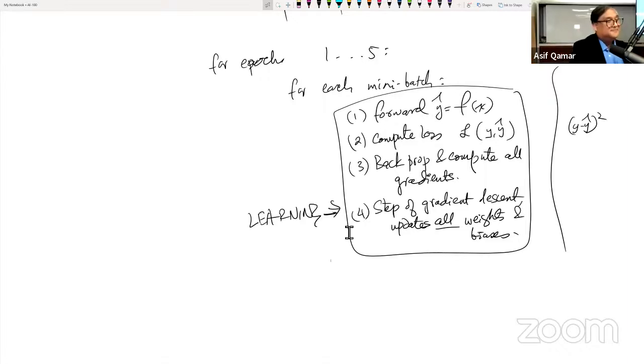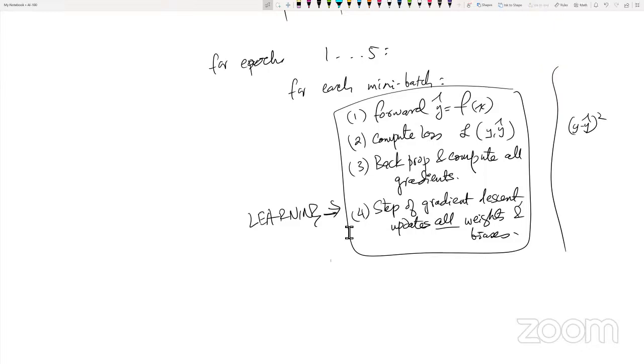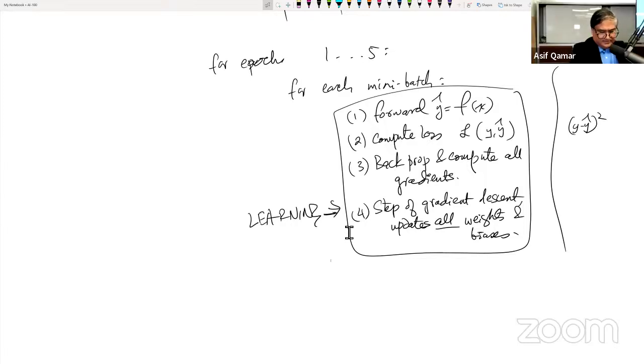On the inner loop, the first mini batch I ran with the set of data, and I've calculated the weights and biases at the end, fourth step. Then I'm going for the second batch inside the inner loop.